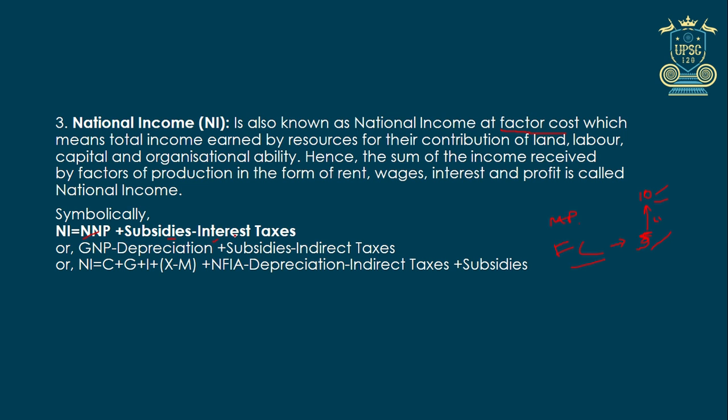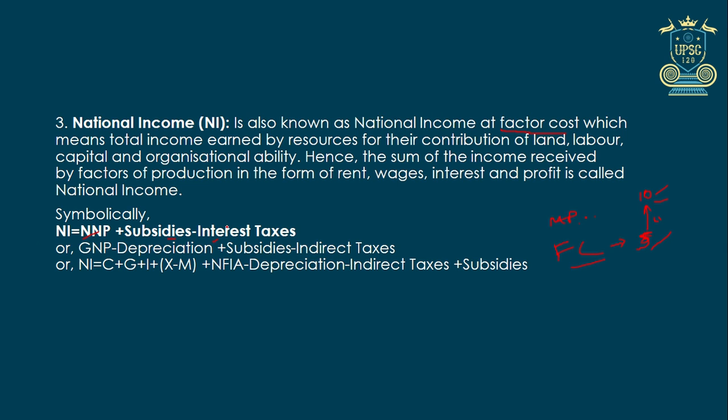Why have indirect taxes been reduced? Because if we add indirect taxes, we would get the value not at factor cost but at market price, because when the product from the factory reaches the market, indirect taxes are added, right? So only if you reduce those indirect taxes will we get the national income at factor cost. So national income is NNP plus subsidies, which the government gives to the factories, minus indirect taxes.